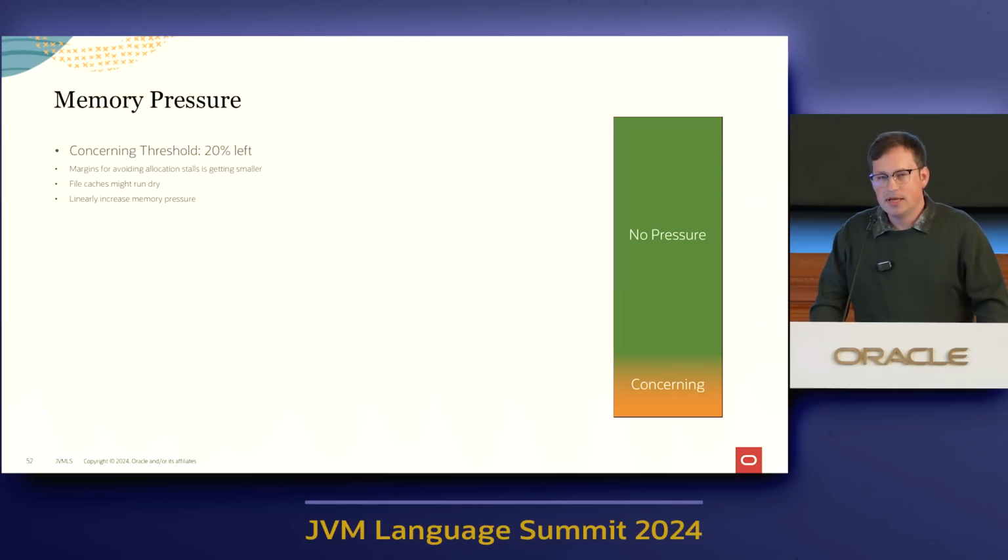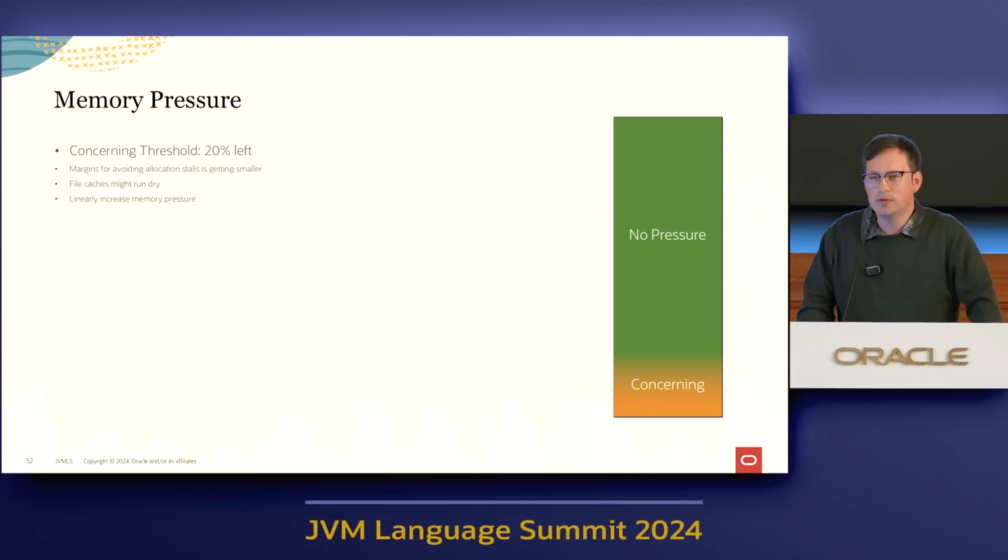So I talked about 3 different levels of pressure. The first one is what I call concerning. So we get to a point, and these numbers are just what I'm prototyping with now. So if you have any feedback on what these numbers should be, I'm more than happy to listen to that. But at the moment, it's 20%. So when you have 20% left on the machine, we say that this looks a bit concerning.